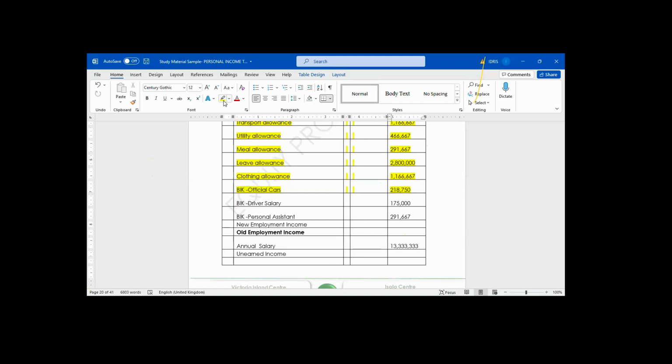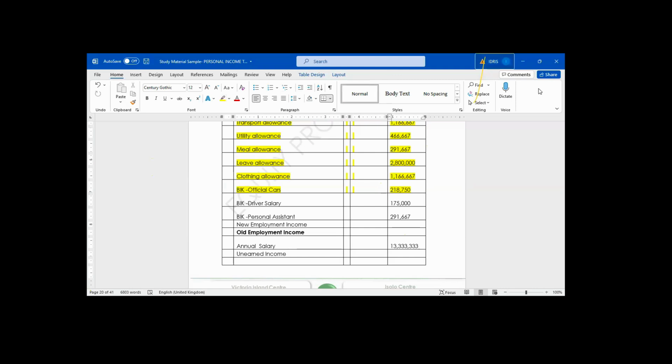You can see how we get the 218,750. 5% of 7.5 million times 7 over 12. You prorate because he did not enjoy the official car for 1 year.